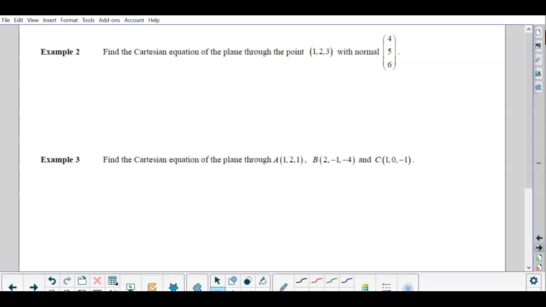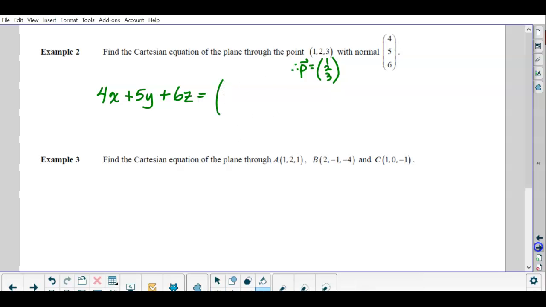So therefore your position vector is (1, 2, 3). Your coefficients are x plus 5y plus 6z equals your position vector dot product, and then figure out what that is.